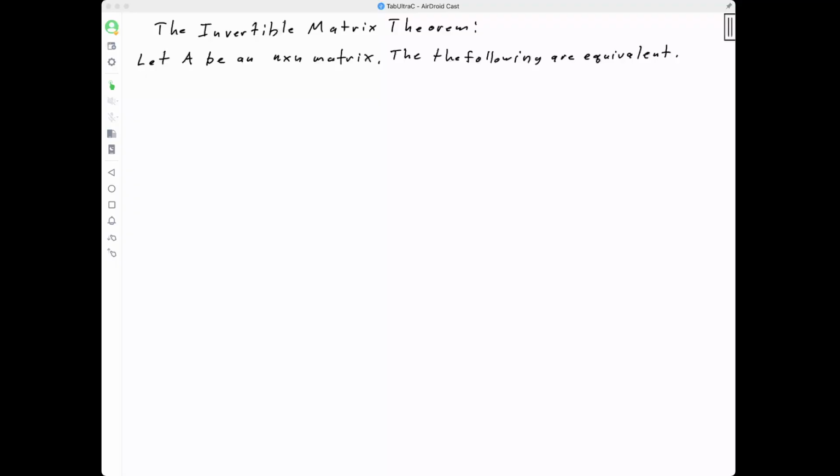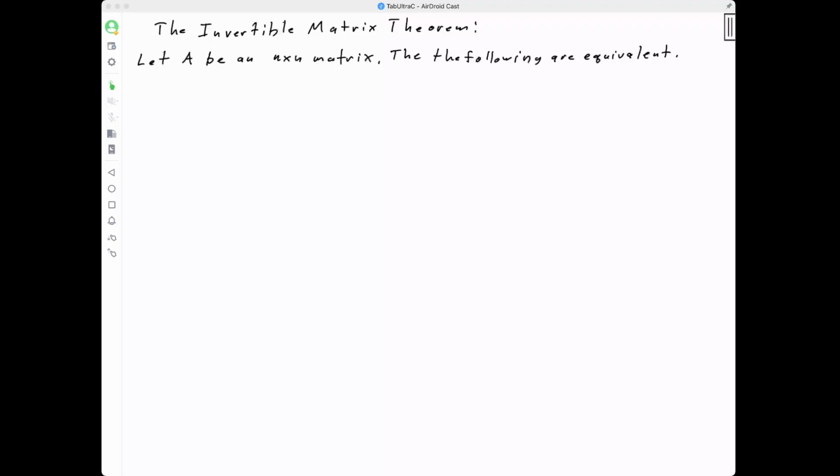And what we mean by this is either these are all true or they are all false. And so if you can show that one of them is true, then you will have shown that all of them are true. If you show that one of them is false, you will have shown that all of them are false.